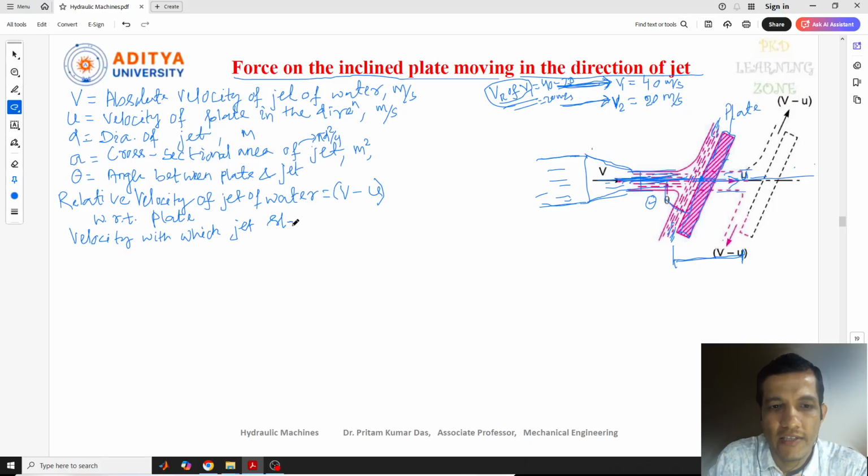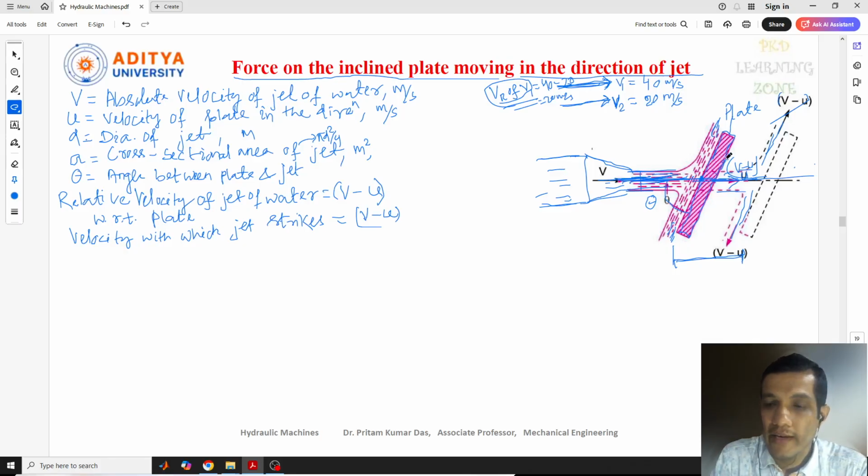At what velocity does the jet strike? We can consider that the jet strikes the plate with a velocity of v minus u. The same v minus u needs to be considered, and after striking, the velocity of the fluid which comes out from this plate is also v minus u.